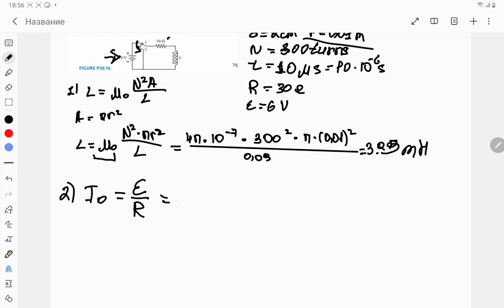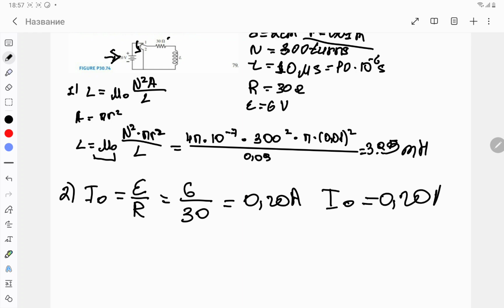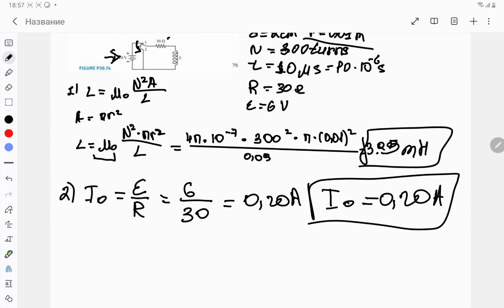So we know all the values, over 30 is equal to 0.20 ampere. So the initial current is this, we need this answer.